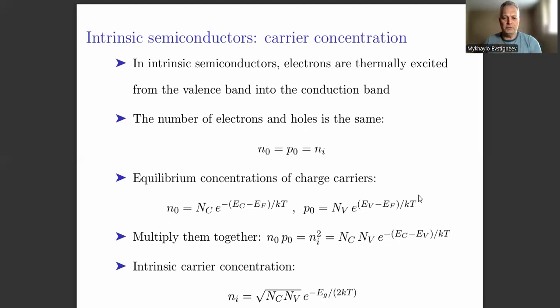These expressions have been obtained using Boltzmann's approximation. Boltzmann's approximation allows you to replace the Fermi-Dirac distribution with an exponential function, and this replacement is possible as long as the Fermi energy is sufficiently far away from the band edges.